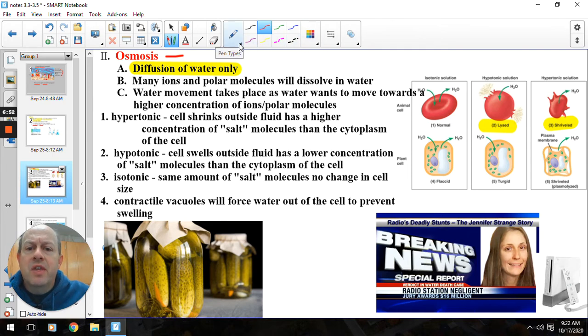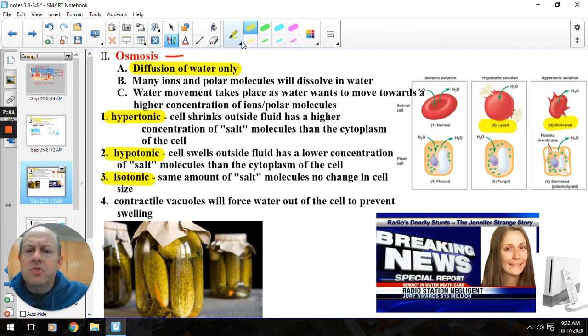If the outside of the cell is higher in concentration of salt or sugar particles, we would call that outside a hypertonic solution. If the outside of the cell was lower in concentration of salt or sugar particles, we would call that a hypotonic solution. And if it was about the same, we'd call that an isotonic solution.